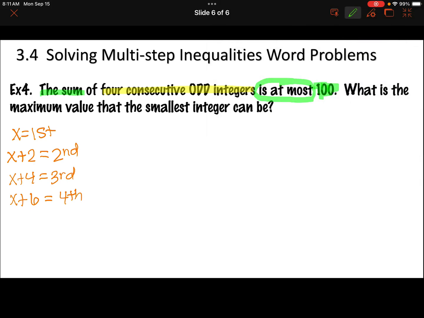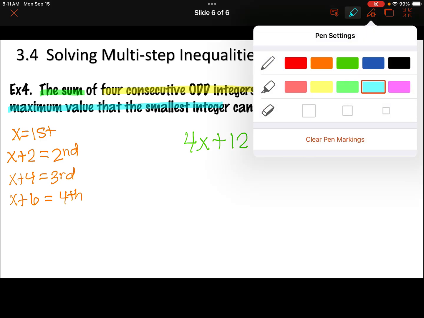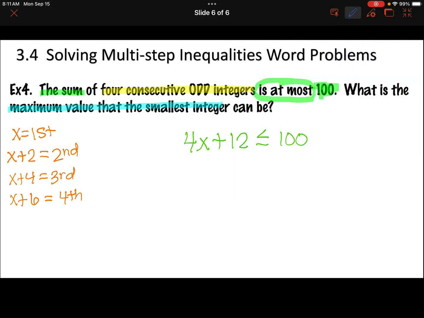So let's go ahead and write our equation. 4x plus 12 is at most, means less than or equal to 100. And I want to know what's the maximum value of the smallest integer. Okay, so let's go ahead and solve that. Subtract 12. 4x is less than or equal to 88. Divide by 4. x is less than or equal to 22.